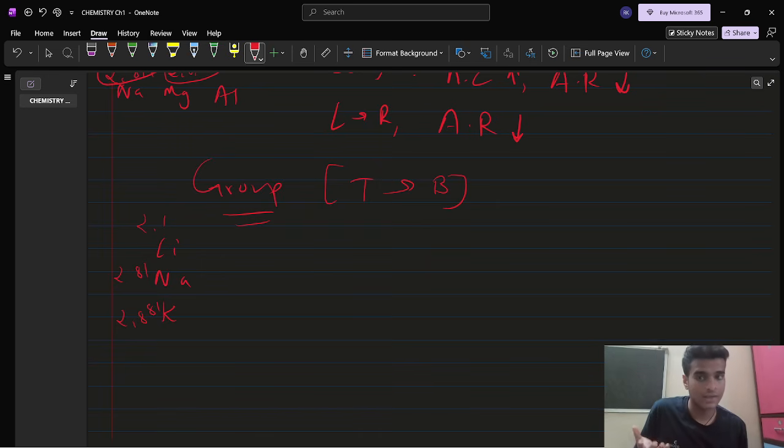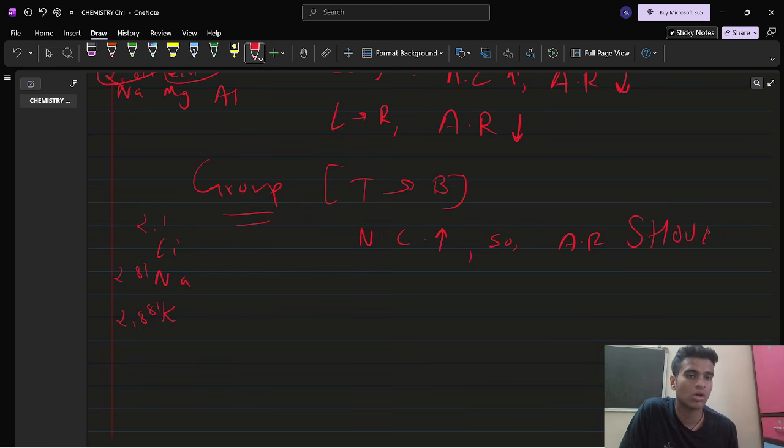Nuclear charge is increasing. So atomic radius should decrease. Should decrease.